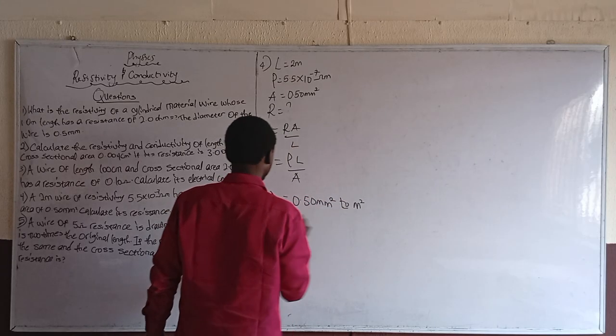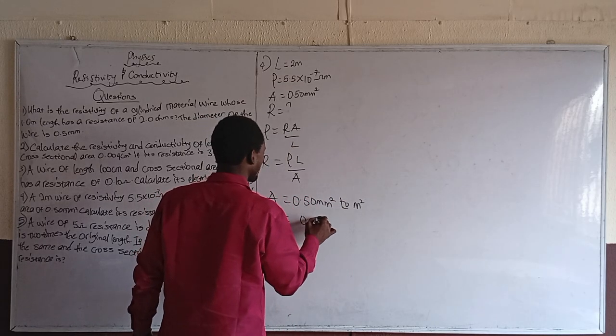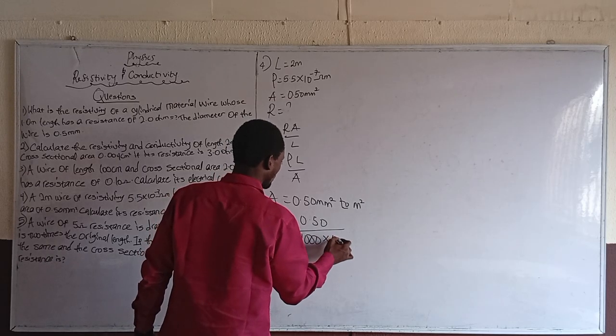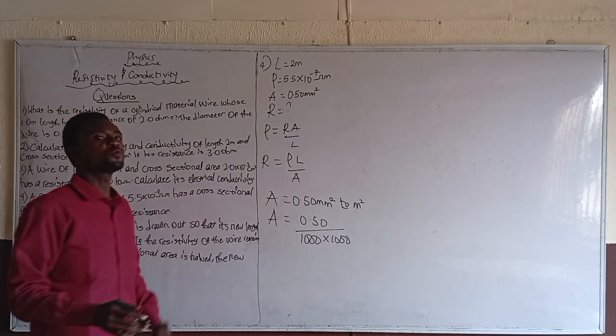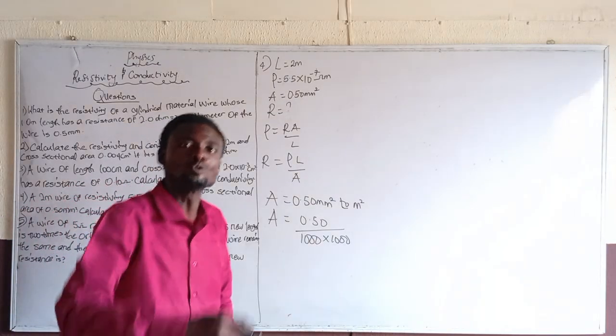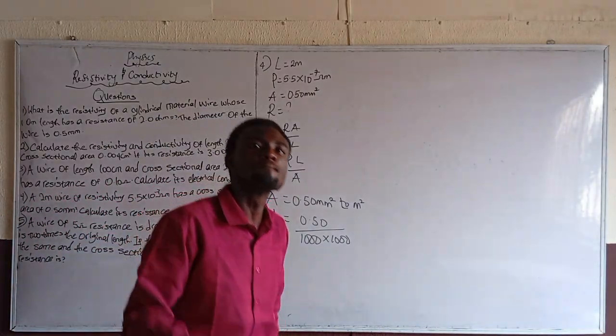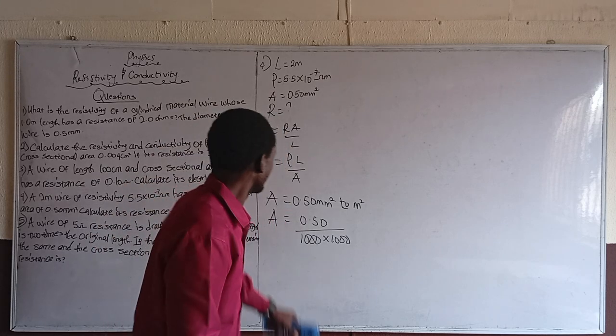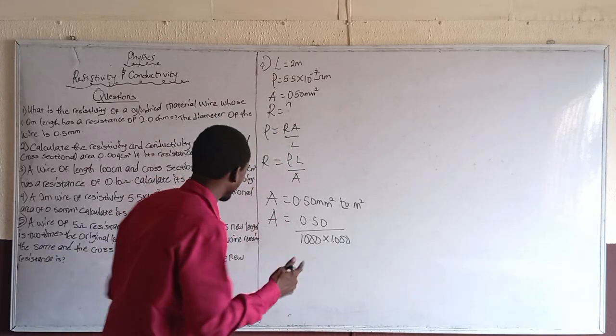to meter square. The area becomes 0.50 divided by 1000 times 1000. Now, from millimeter to meter, you divide by 1000. But from millimeter square to meter square, because of the square unit, 1000 appears what? Twice.